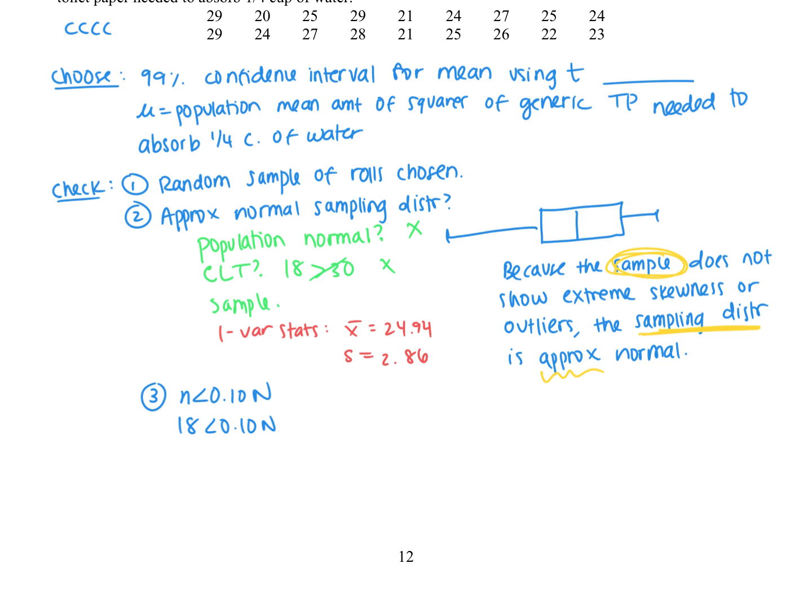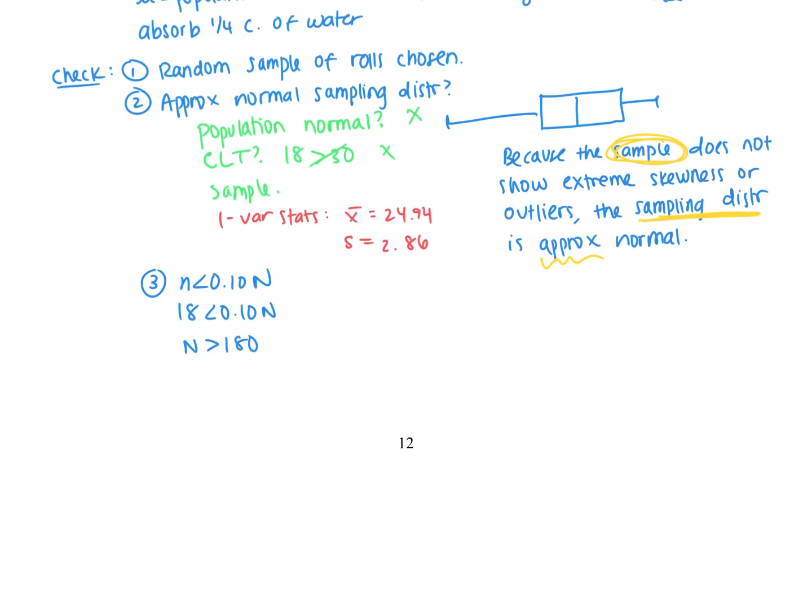So if you divide by 0.1, n has to be greater than 180. And in this case, we are sampling toilet paper rolls. So we are going to say, yes, there are more than 180 toilet paper rolls.